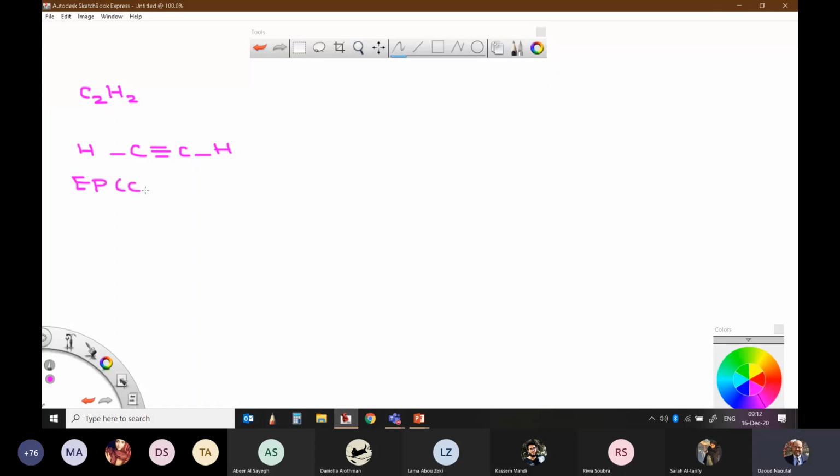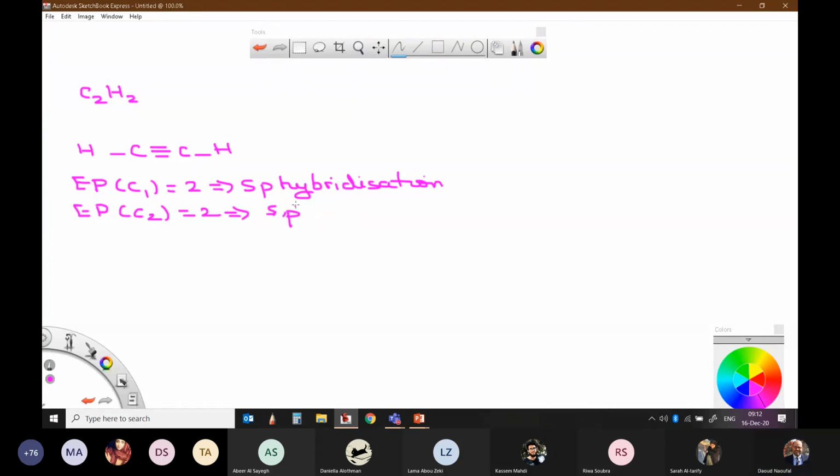EP of the first is 2. That means sp hybridization. EP of the second carbon is 2. So we have sp hybridization. What is the number of hybrid orbitals? So around the first carbon, we have 2 sp in a linear figure of repulsion.